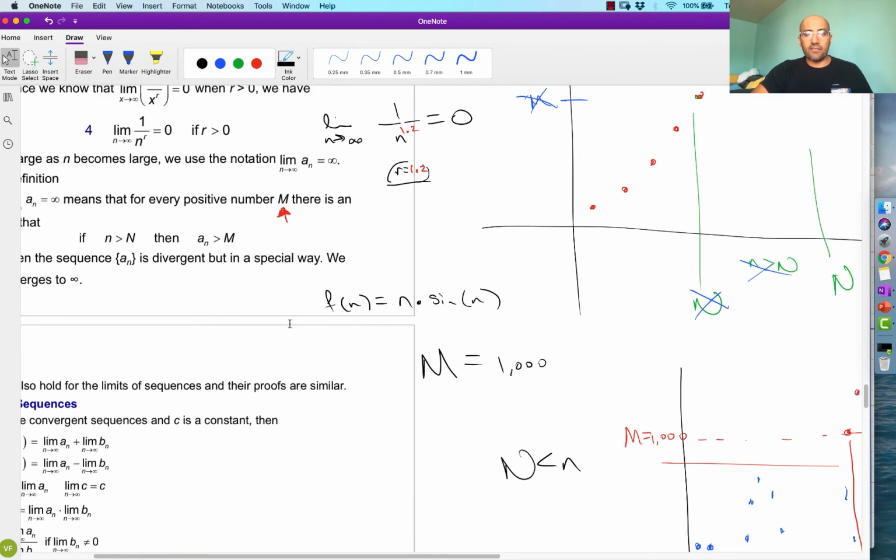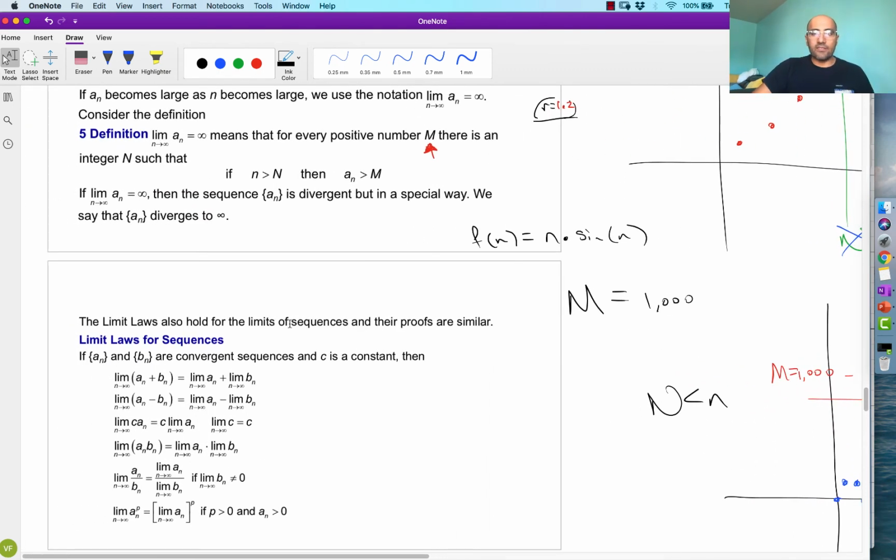So this is a case to show that the limit as n goes to infinity of n sine n does not equal infinity. Good. Okay. We'll see some examples in a second from the homework and see how we can apply these things.